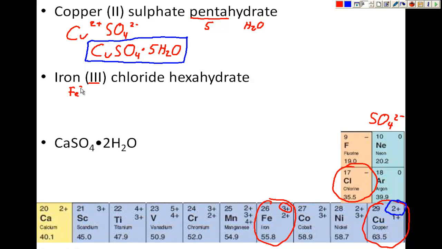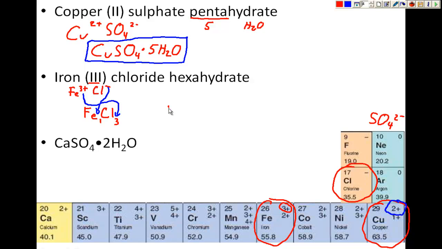Fe3 plus, Cl minus. So I'm going to write it down here. FeCl. This is going to go down like right here, and this one is going to go right there. So this is going to be a 1 and a 3, like that. We don't have to write those ones, we just can leave it blank.